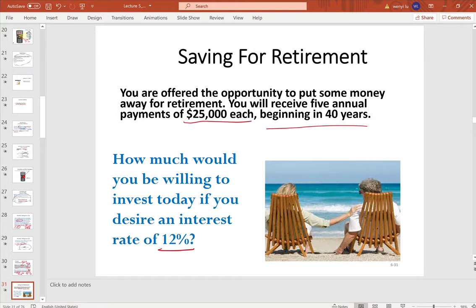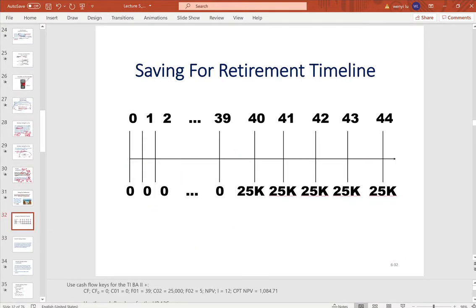So let's draw these lines. We have 0 to 40. You have no payments. Your first payment will start on 40. Then 1, 2, 3, 4, 5. Starting from 40 years, the last payment will be made on the 44th year, not 45.